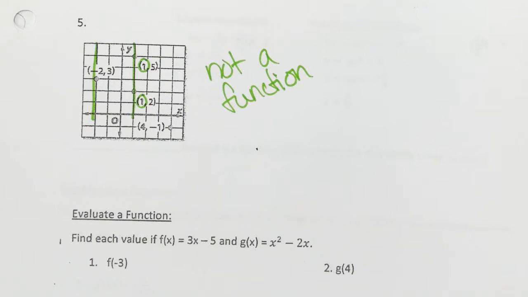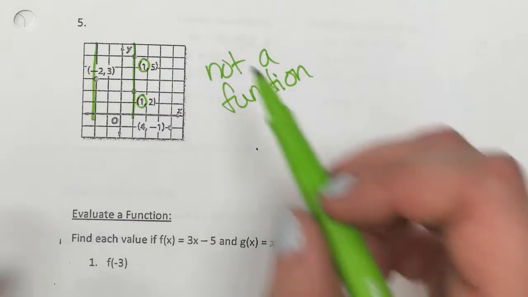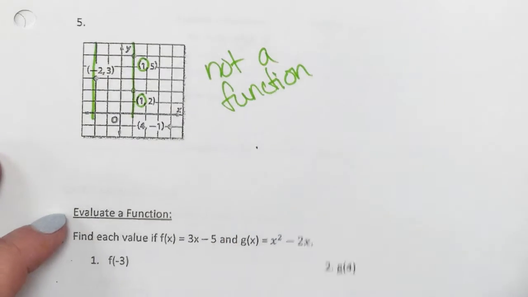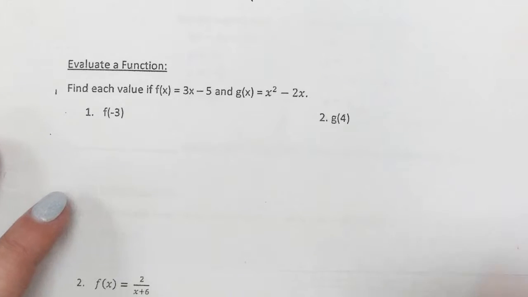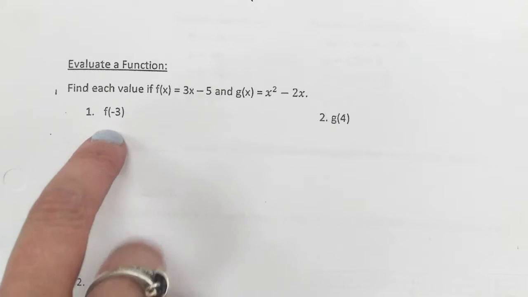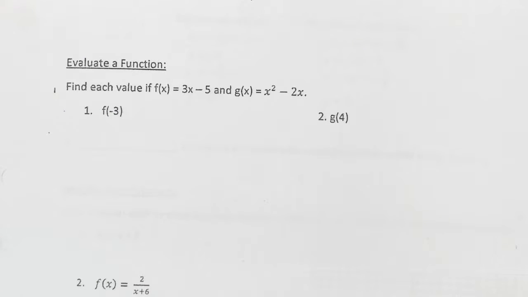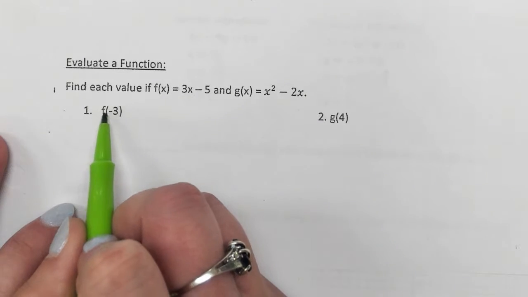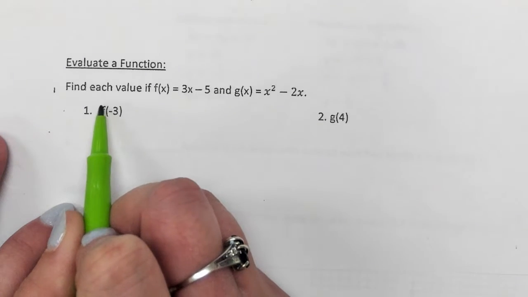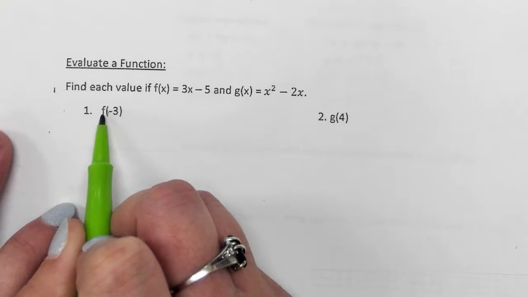There's enough, that's easy. All right, last one. Here we go. Evaluate. How do I say this? F of -3, right? How do I know which one to plug the -3 into? Into f of x, right?